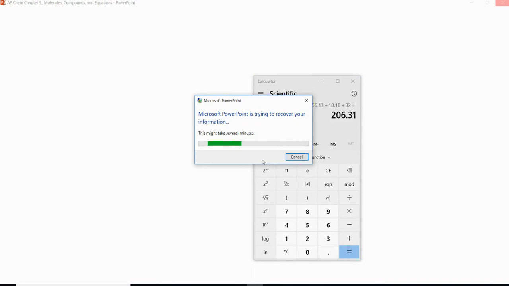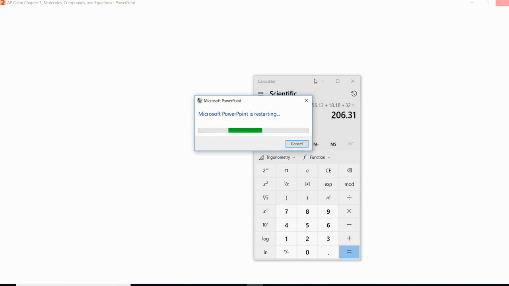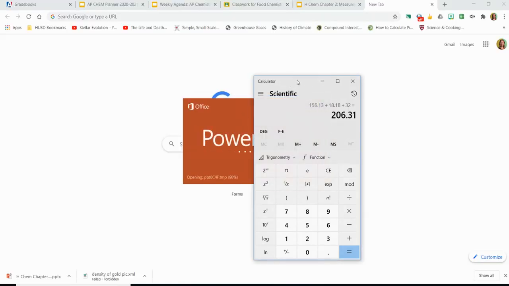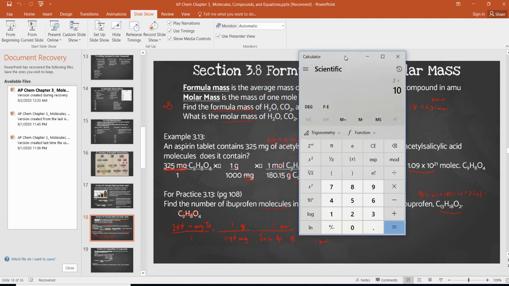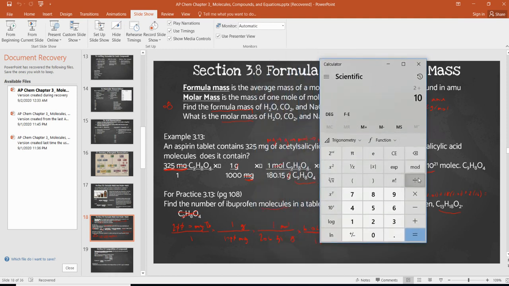Okay, we're going to have to reopen that. Let's see if I can calculate while it's pulling it back up. Okay, 2 divided by 10. And I'm going to do divided by 206.31 equals, okay, times 6.022 exponent 23, enter.